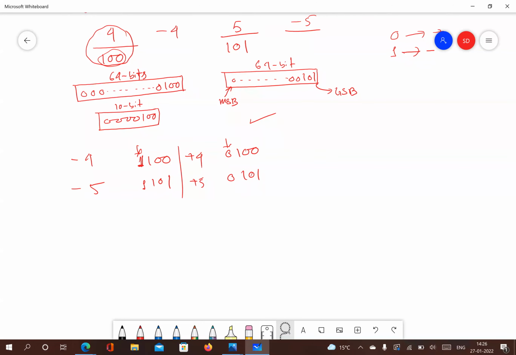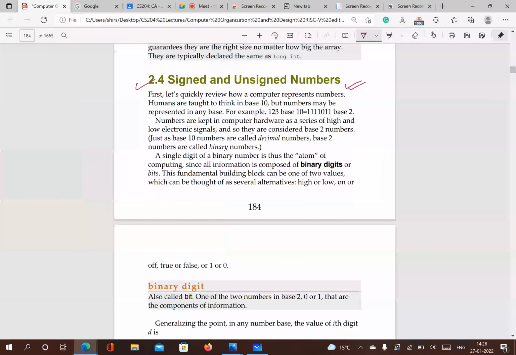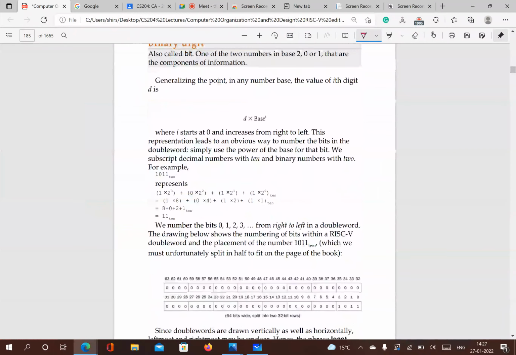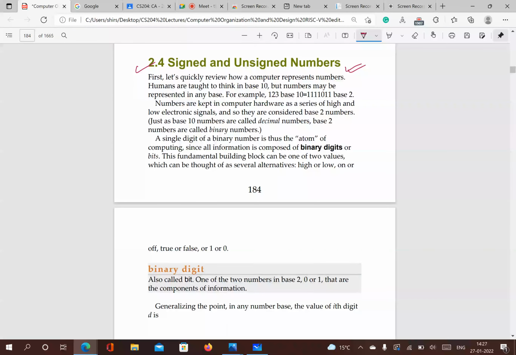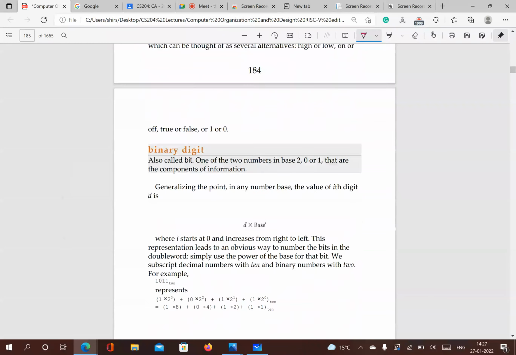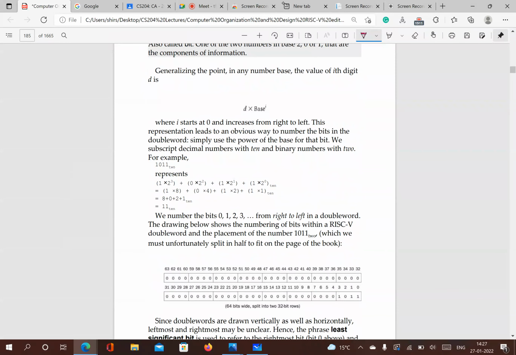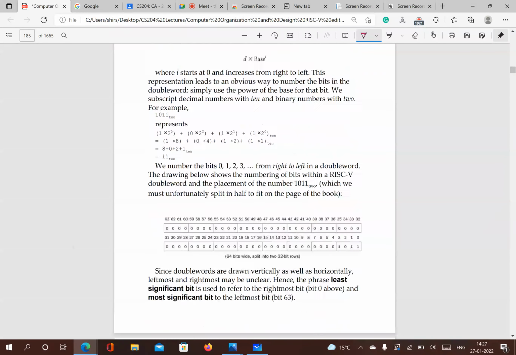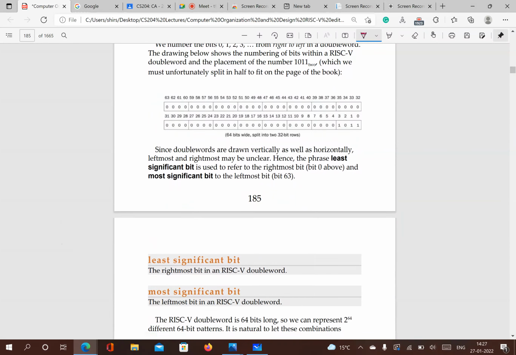Let us go to the book. First they have explained, see I'm scrolling this section. There is this type of explanation given. I'm ignoring this. Why am I ignoring this? Here they've discussed the formulas, how to convert binary to decimal and decimal to binary. I think you already know these points, so it is your responsibility to read and understand.